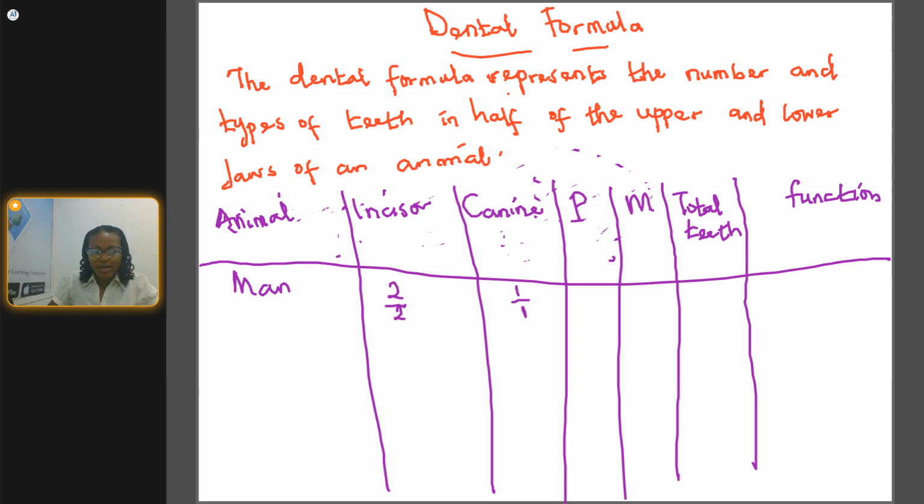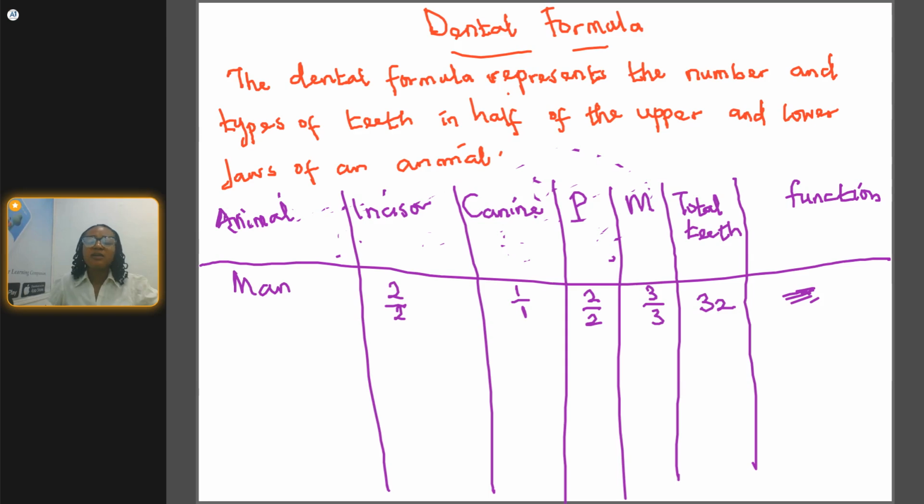The premolar is 2/2. The molar is 3/3. And the total set of teeth is 32. Okay. And the function, of course, for cutting, just like I explained earlier, the function of the incisor, canine, premolar, and molar. That is what is here, the function that I just explained earlier.